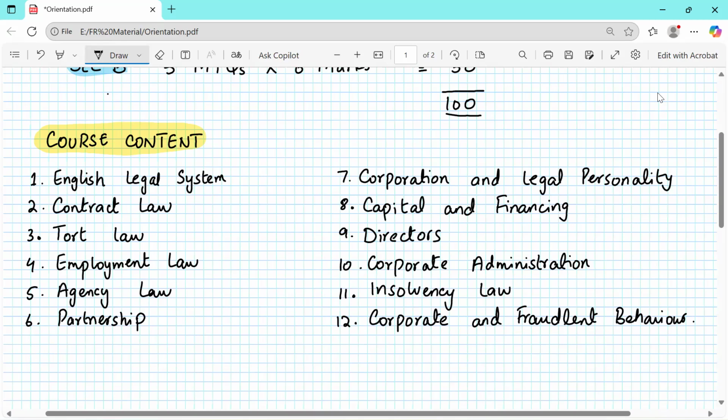For those who have done business and technology from ACCA knowledge level, you can say that this course is half of that. Okay. But the problem here is that this subject involves legal terminologies which are a bit complex. So while you are preparing, while you are understanding the concept about different things, you should know what the different legal terminology means.